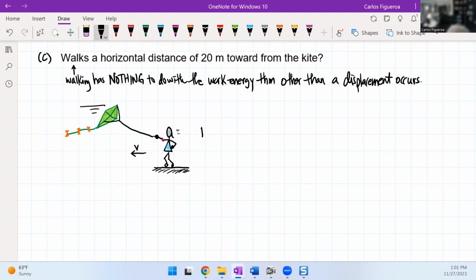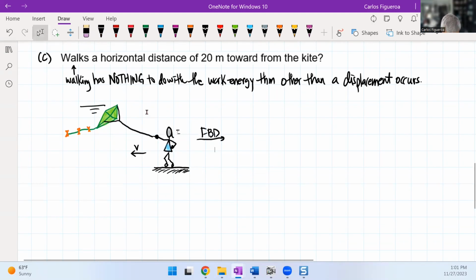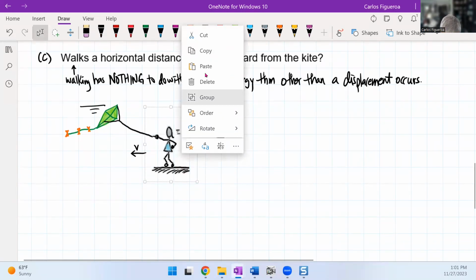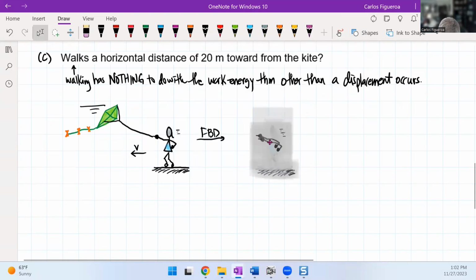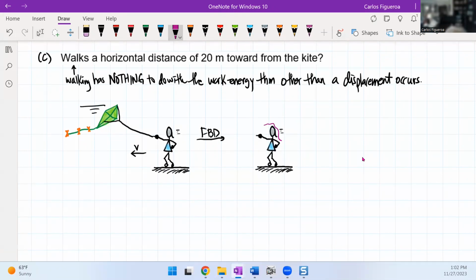So again, we do our free body diagram to find out what we mean by the work. I draw my free body diagram and ask what's happening. I have an external force acting on her. What is the external force? Again, it's this tension. The big difference here is that now the displacement is in this direction, which I didn't put in here before.